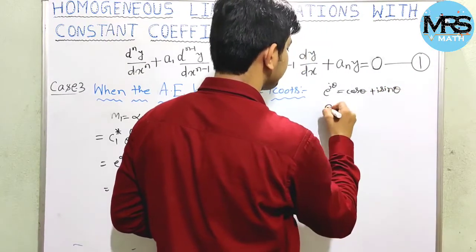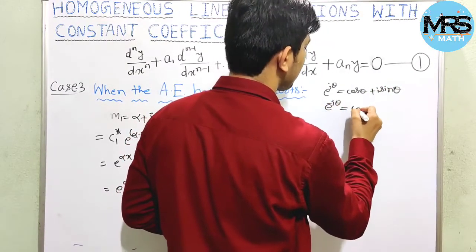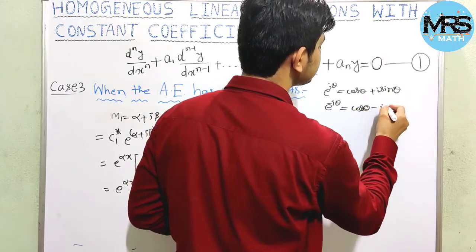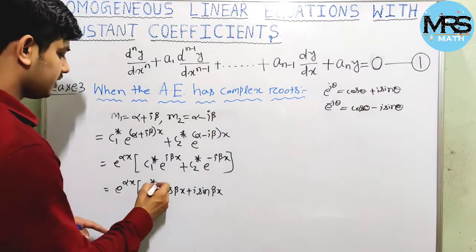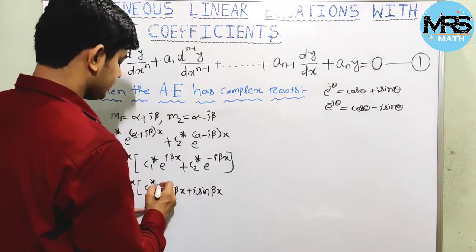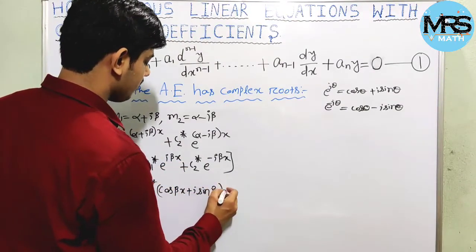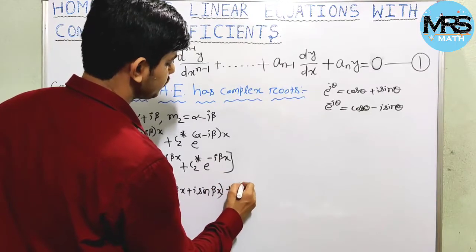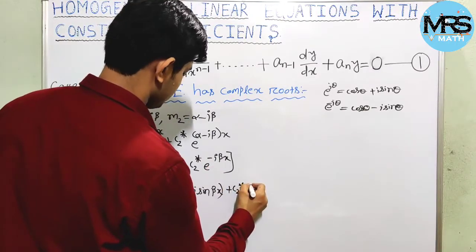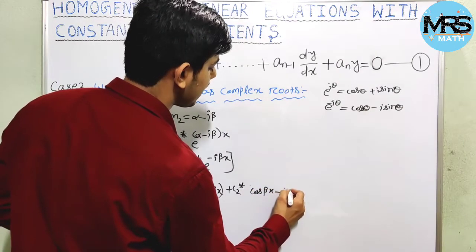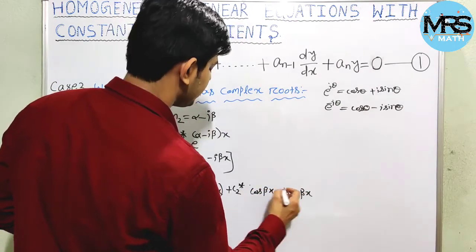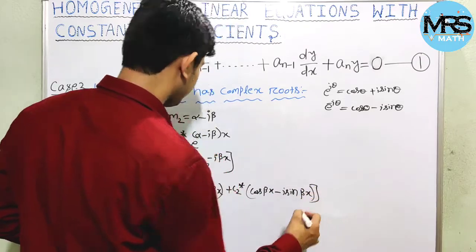Similarly, e to the power minus i theta is cos theta minus i sin theta. These things we know, so we can replace e to the power i beta x by this. Now similarly C2 star into cos beta x minus i sin beta x, we can replace.